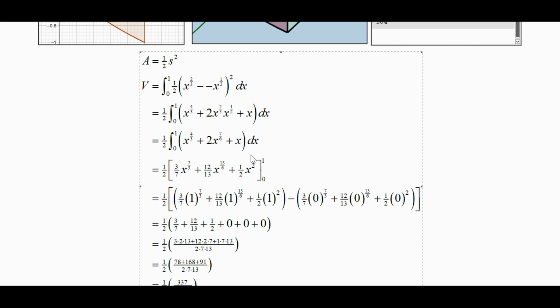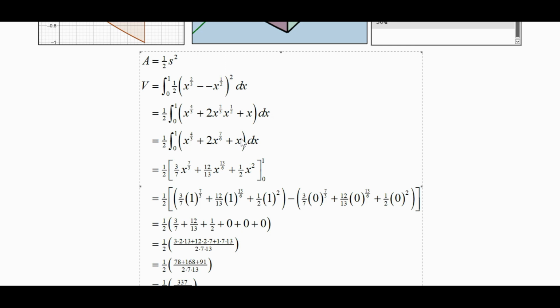Okay, now it's just a sum of power functions, so easy antiderivative. Add 1 to the power, divide by the new power, or multiply by the reciprocal of the new power. So 4/3 plus 1, that's 4/3 plus 3/3 is 7/3, so you multiply 3/7 times 1 for the coefficient of 3/7. Here we have 7/6, we add 1, that's 7/6 plus 6/6 is 13/6, multiplied by 6/13 times 2 is 12/13.